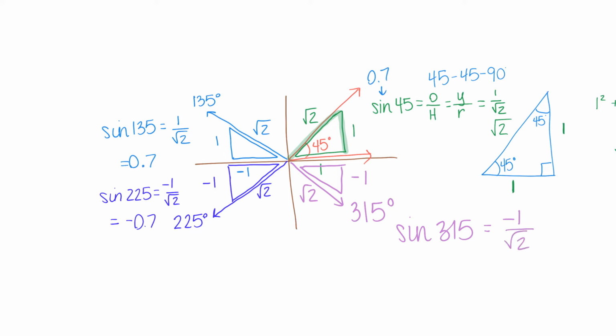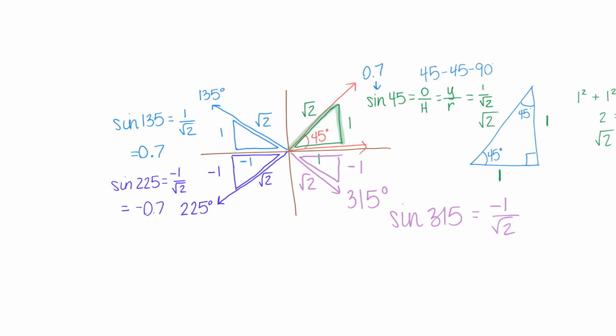Okay, so I got a negative again here. Now, that brings up the cast rule. Are you ready for this thing? Actually, I changed my mind. We're not going to bring up the cast rule yet, but this is what special triangles look like for 45, 45, 90. Now, we're going to do this again with 30 and 60, and they go together. But for now, let's leave it at this.